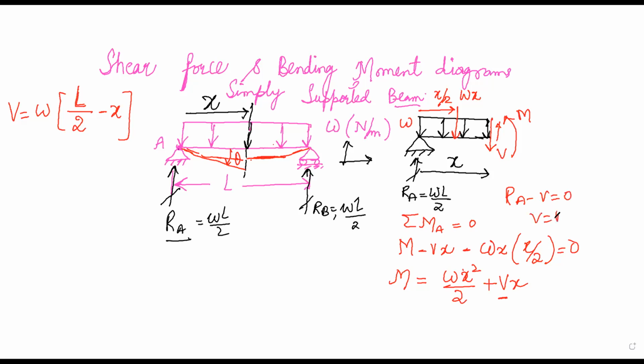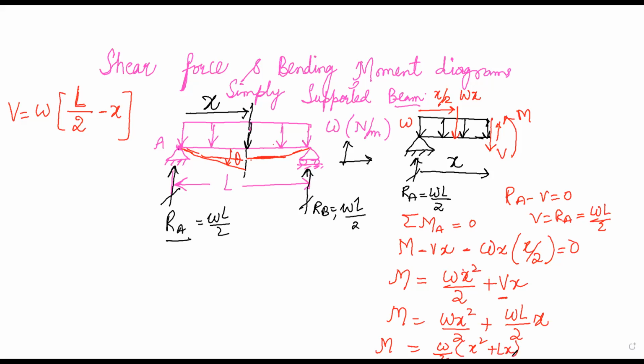Therefore V becomes equal to Ra, which is equal to WL divided by 2. So we can write M is equal to Wx squared by 2 plus WL divided by 2 into x.